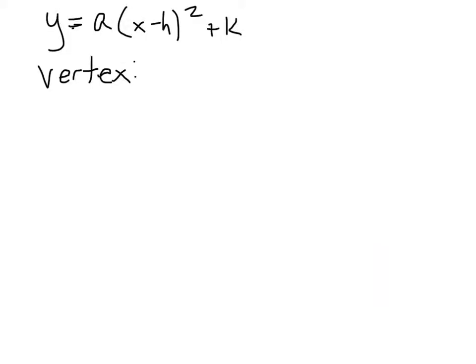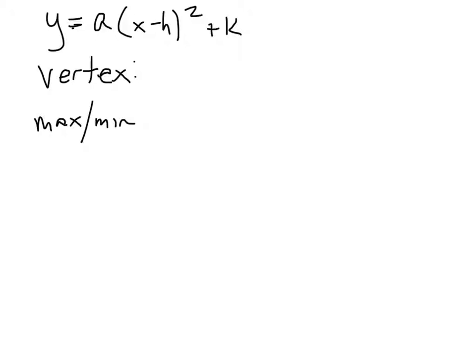The vertex is one of the most important parts of a quadratic function because it's actually also the maximum or the minimum of the function depending on whether that parabola faces up or down. It also is one of the ways to develop the entire parabola. It's halfway between both sides of that parabola.